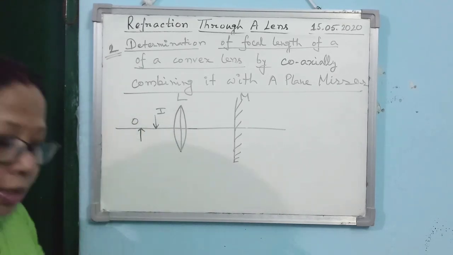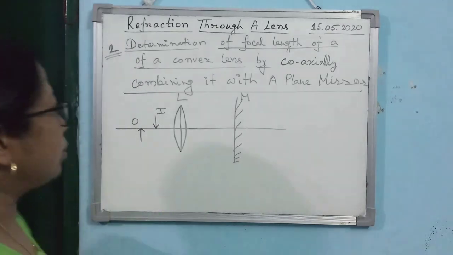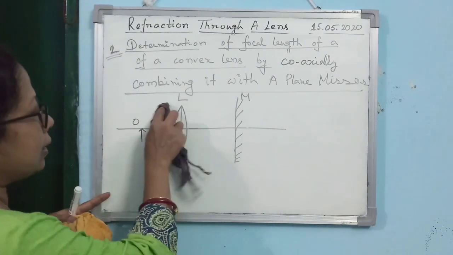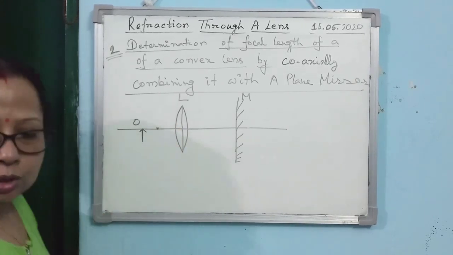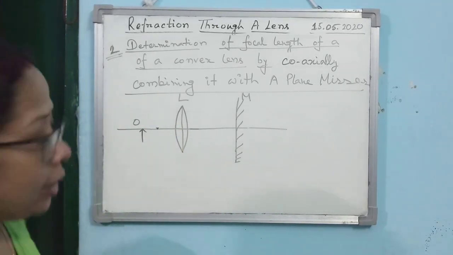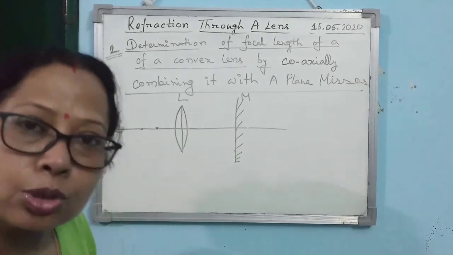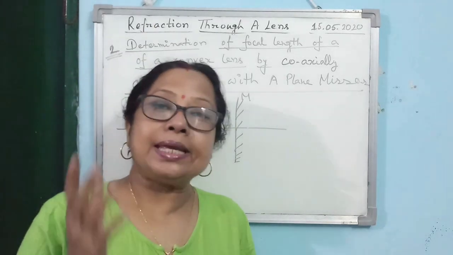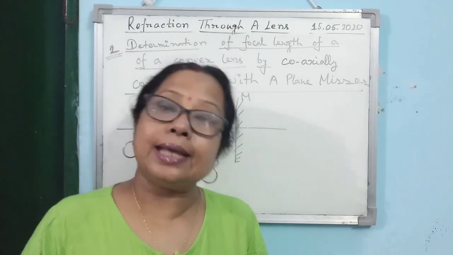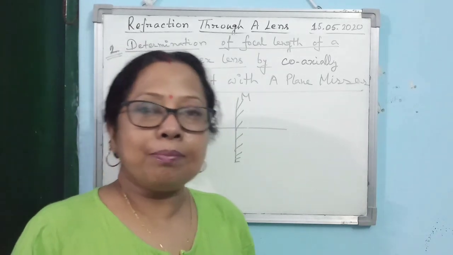Now, what adjustment do you have to do? Do not touch the lens and the mirror. I am repeating, do not touch the lens and the mirror. You take the object either nearer to the lens or away from the lens, so that the image and object are produced at the same position.